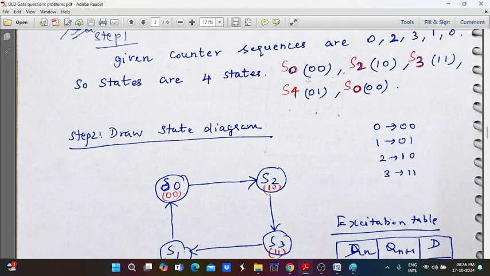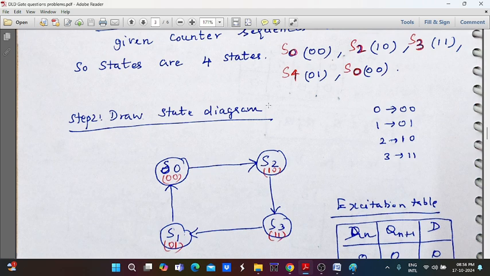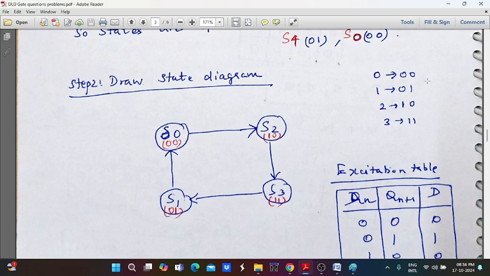After the state S1 transition, it goes to state S0, that is the initial condition, 00. From this observation, we can draw the state diagram. State 0 is represented by 00, state 1 by 01, state 2 by 10, and state 3 by 11. S0 is the initial state, and the corresponding state value is 00.